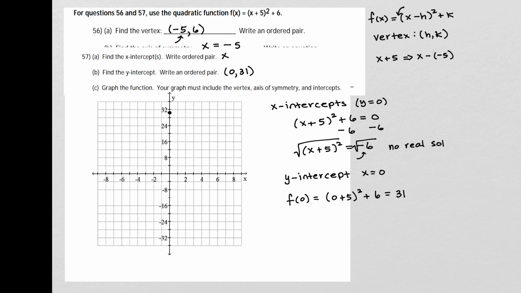Okay, so our vertex is (negative 5, 6). That would be right about there. And I can put this function into my calculator to get a few more points.